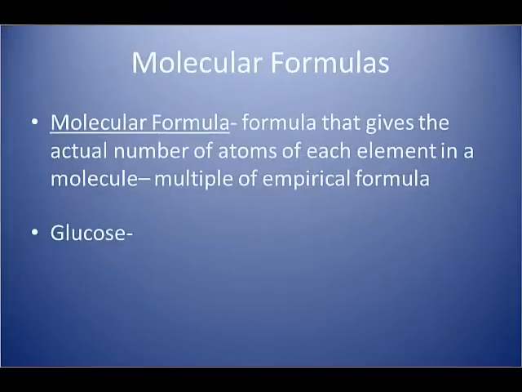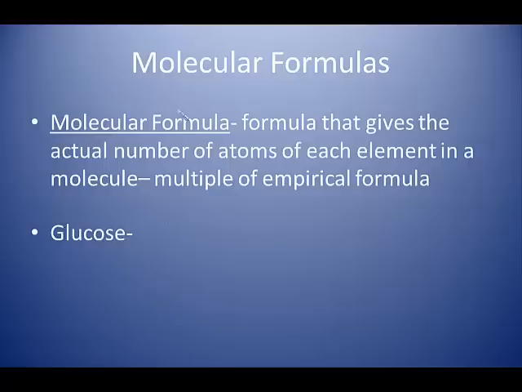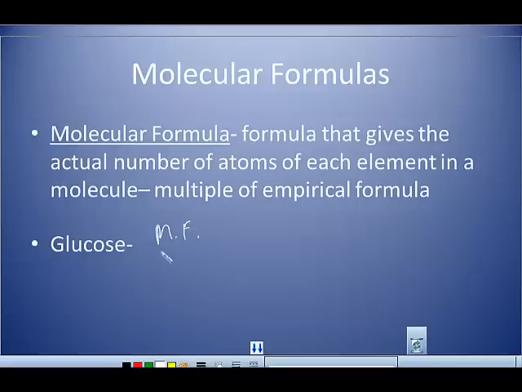So that was a picture of glucose. So again, here is what glucose looks like. It has a molecular formula of C6H12O6. An empirical formula would be the whole number ratio, CH2O.